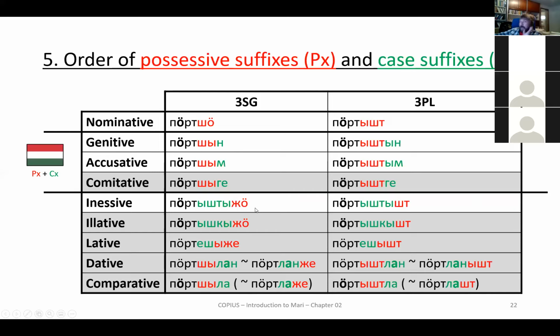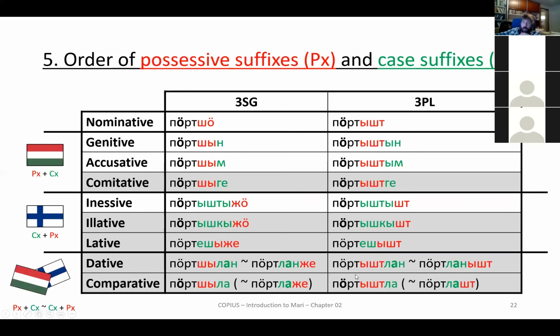For the inessive, the illative, and the lative, the three local cases, here we use the Finnish system of first having the case suffix and then having the possessive suffix. And in the third group, both arrangements work. You can have first the possessive suffix, then the case suffix, or the other way around.